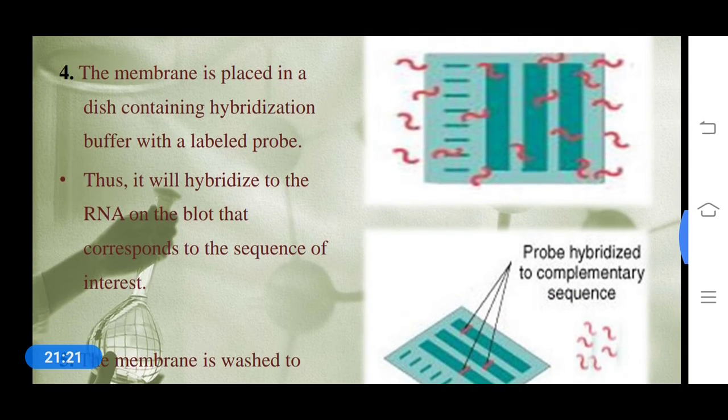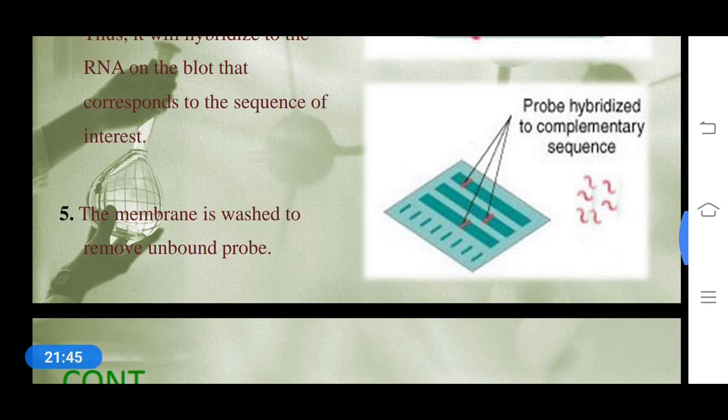After transferring, the membrane is placed in a solution containing the probe. We treat the nitrocellulose membrane with the probe solution for hybridization. Thus, it will hybridize to RNA on the blot that corresponds to the sequence of interest. Again, we go for a washing step.